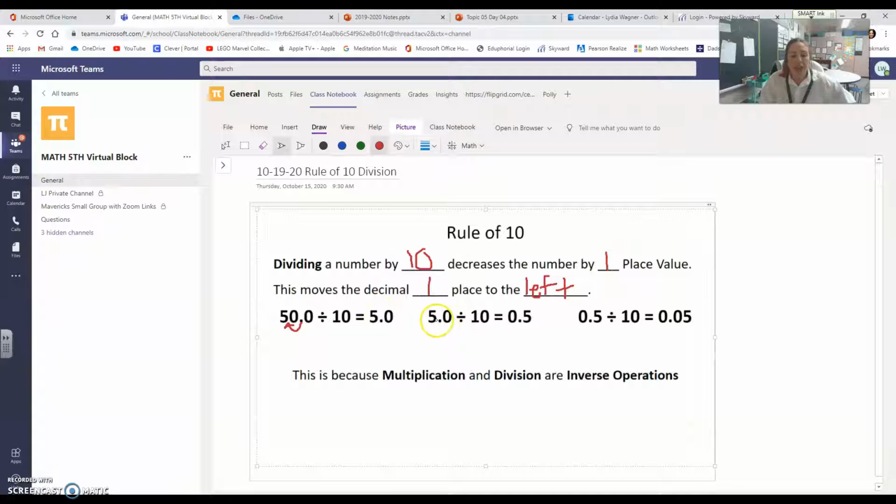If we divide 5 by 10, my decimal, once again, starts on the right side of the 5 and moves 1 place to the left to get 5/10. And then finally, if we divide 5/10 by 10, my decimal is between the 0 and the 5. It moves 1 place to the left to make 5/100.